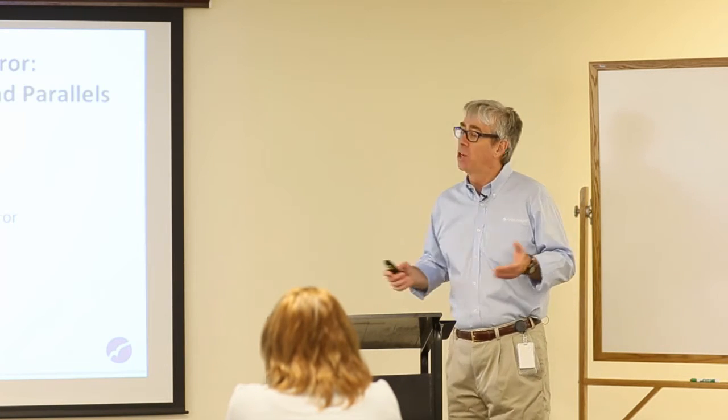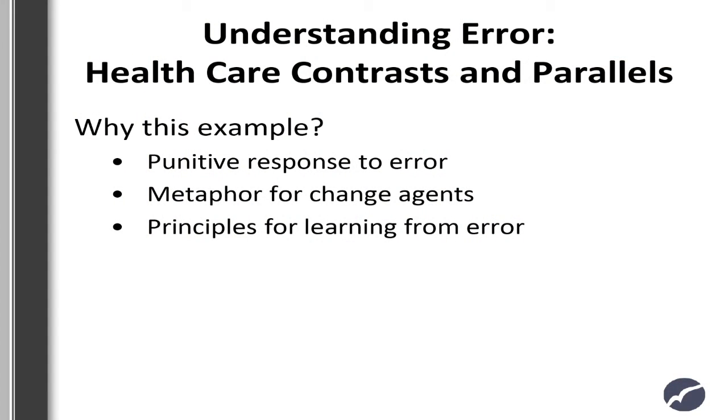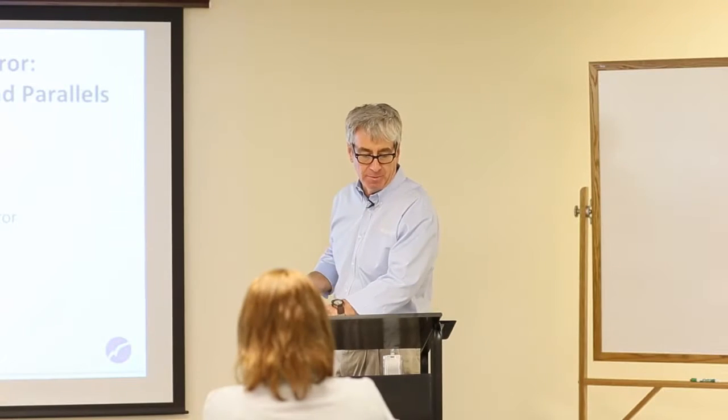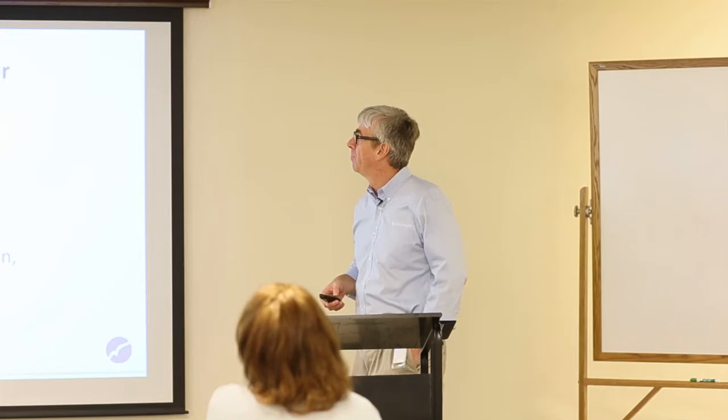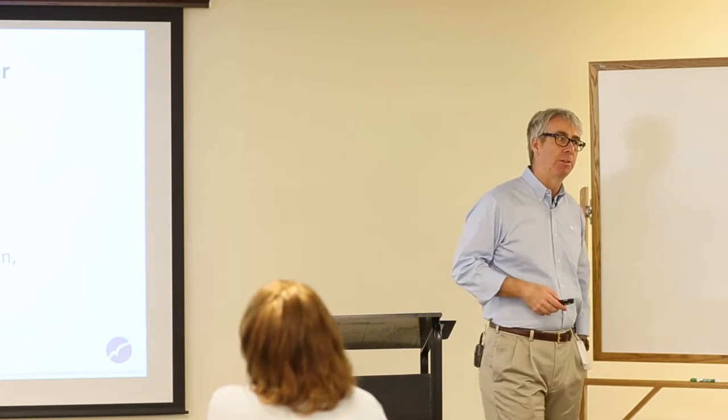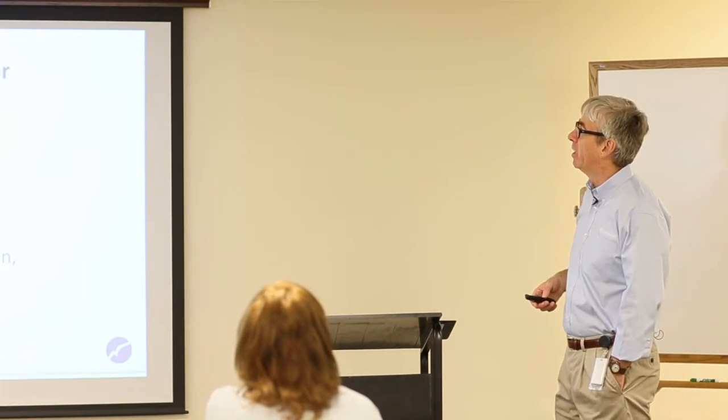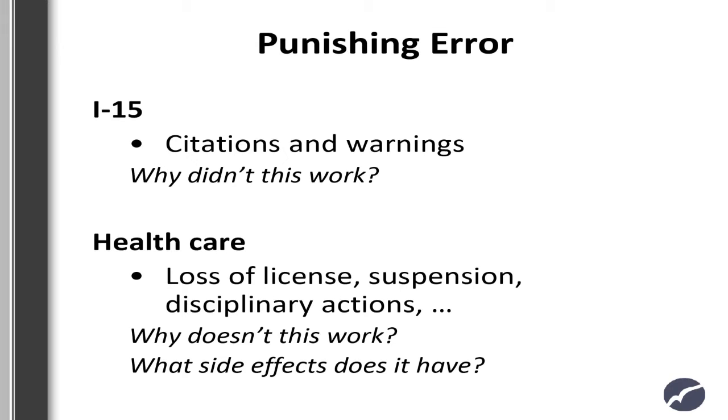Let's see. So why did we bring this up? We use this as it has contrast and parallels, has some principles for change agents and learning from error and that sort of thing. Just quickly here. So the first thing we did with the I-15 example is we sought to punish the offenders.